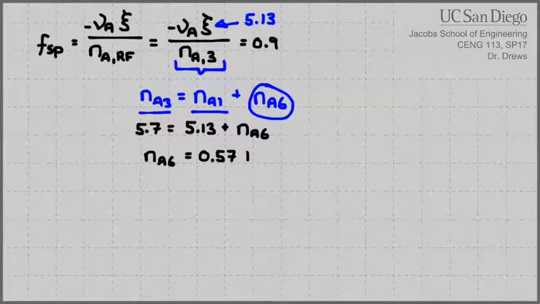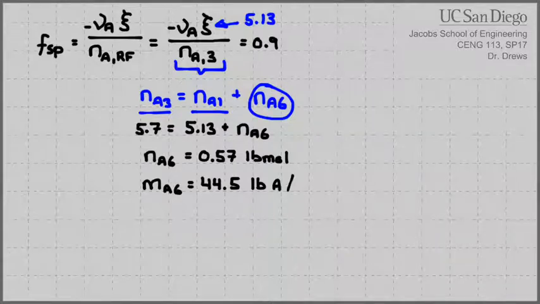And that is in units of pound moles of A per hour. I believe the question was actually what's the mass of A being recycled? So the mass of A in stream 6 is just 0.57 times the molar mass of A, which is 78. So our recycle consists of about 44.5 pounds of A per hour.